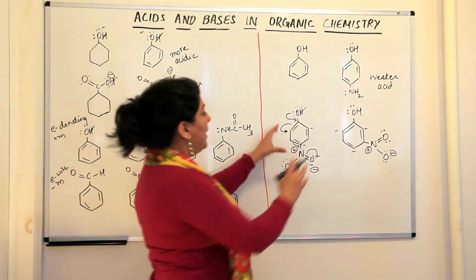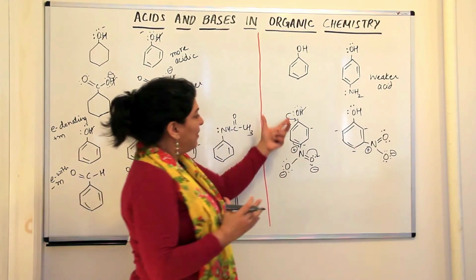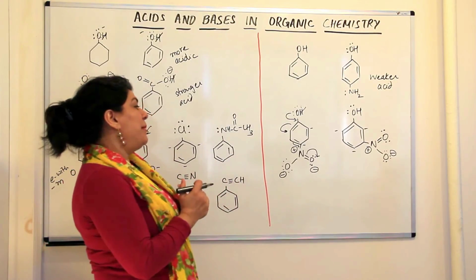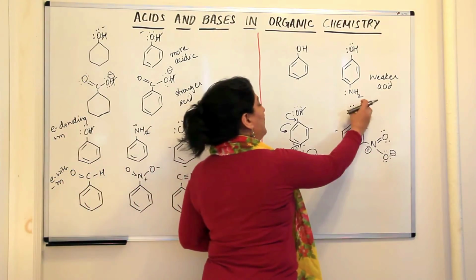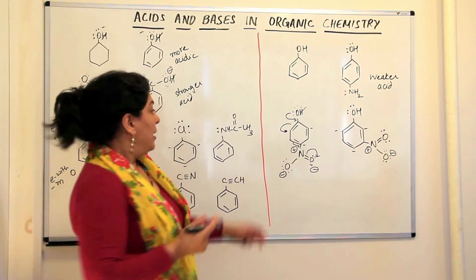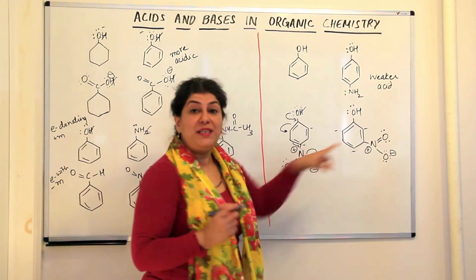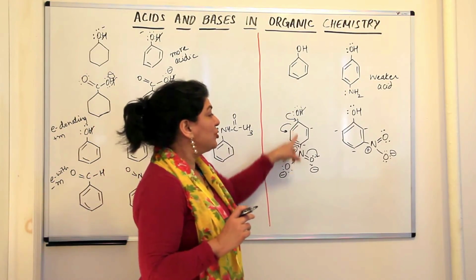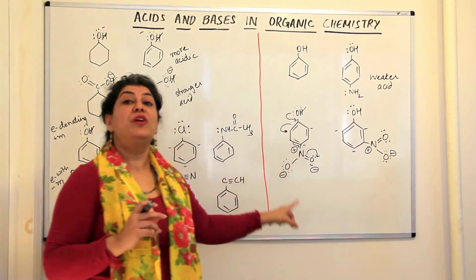Therefore, if you compare these two, which are basically having the same groups, only their position is different, we would imagine that since this NO2 group is closer to OH, maybe it has a stronger effect. Rather, it is not proximity which is affecting, it is resonance which is making this compound more stable.